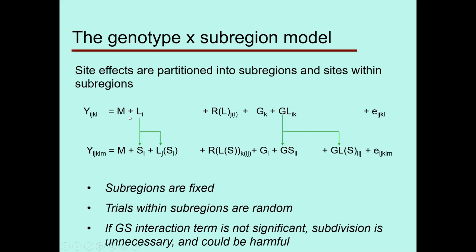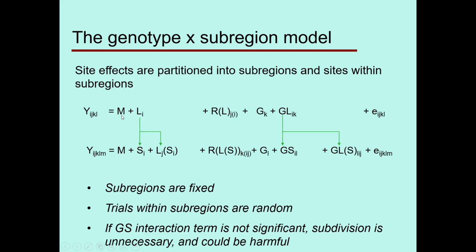The genotype by subregion model that you can use to test the hypothesis as to whether you really need separate programs for those subregions is an extension of the standard model for analyzing multi-location trials. This is a simple version that just looks at locations within a year, or environments.